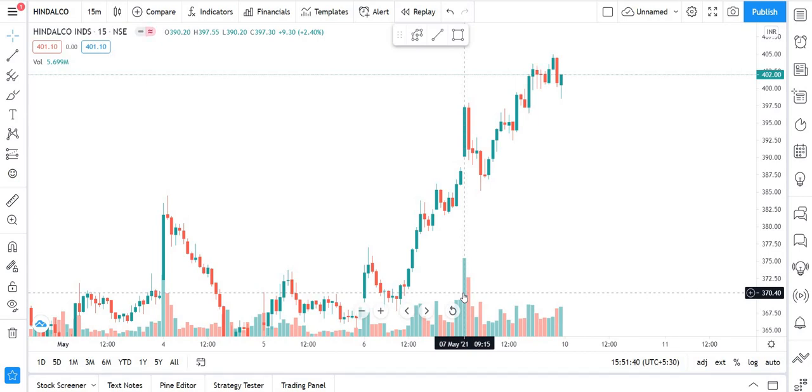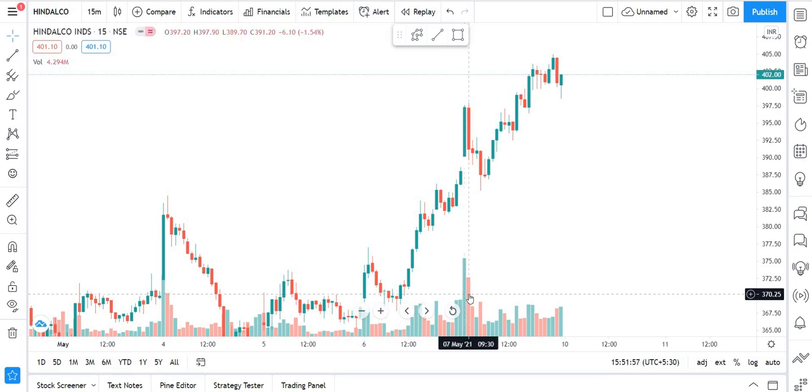So this is a time where volatility is very high, and beginners who have just entered the market, who are learning, who have spent only 6, 7, 8 months in the market, should completely avoid this particular time.